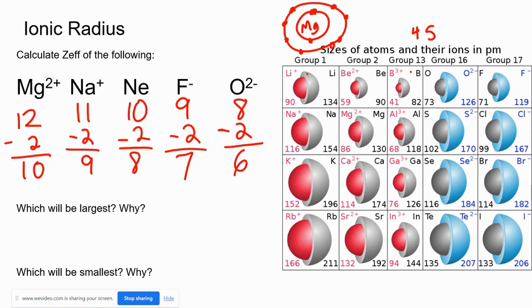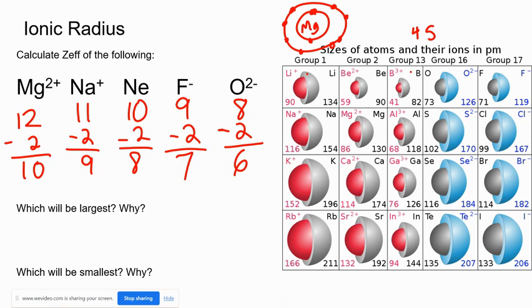Then what would be the core number of electrons? 2. This is neon right here. So it's always just 2 no matter what? Well, for these right here, yeah. But if you got down to here, it wouldn't be. It would be more, of course, in the second row, I mean.